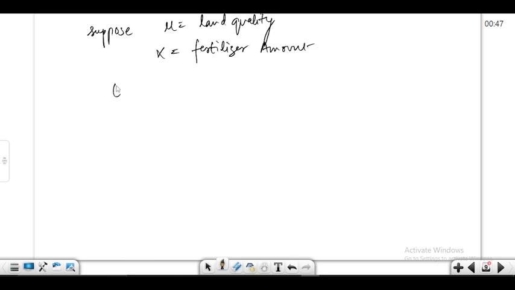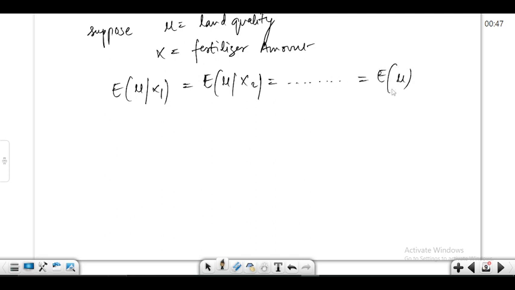So the expected value of u given x1 amount of fertilizer is equal to the expected value of u given x2 amount of fertilizer, and this can go on, and it is equal to the expected value of u, that is the land quality. So land quality given x1 amount of fertilizer or any amount of fertilizer is equal to the expected value of the land quality in general for the entire population. So this is what this thing means here.